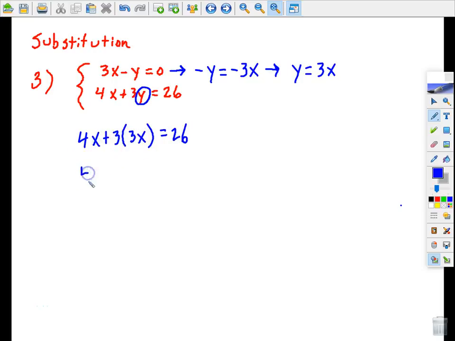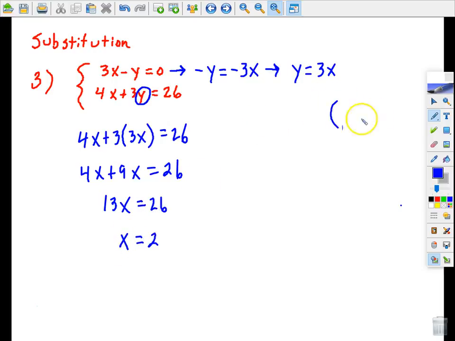Multiply first. 4x plus 9x is 26. Combine like terms, 13x is 26. So half of my answer, half of my ordered pair, I've got the x value is 2.